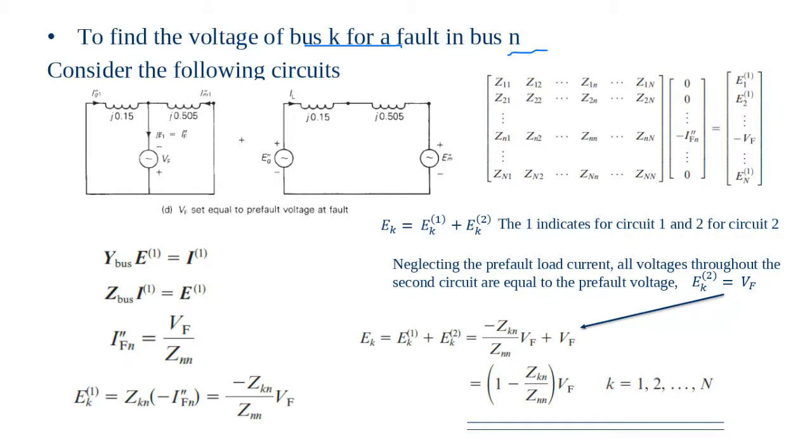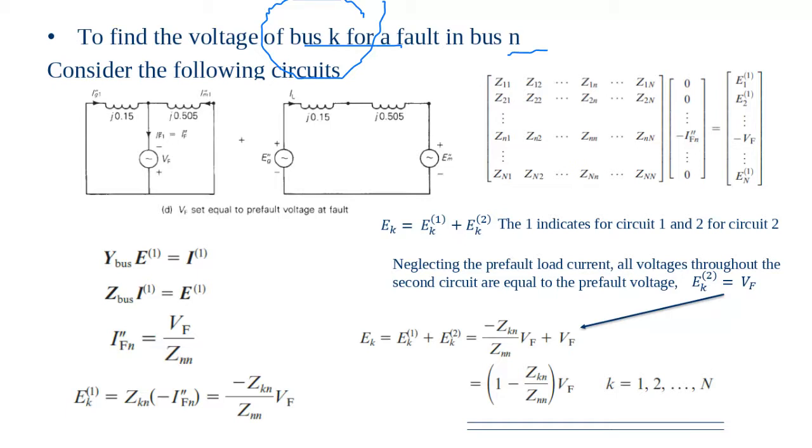It will be 0. The voltage at the faulted bus will be 0, because it touches ground, so the voltage is 0 at the bus. But we consider the pre-fault voltage. Okay, now what do we want to find? We want to find the voltage at bus number K, another bus.